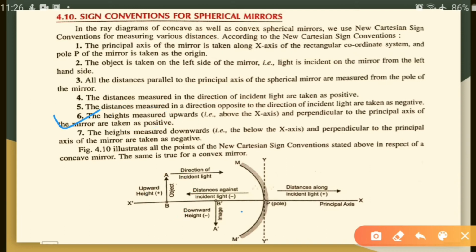And the height measured downward and perpendicular to the principal axis of the mirror is taken as negative. So, for an inverted image, which is real also, the size of the image, that is h2 or hi, will be taken as negative.